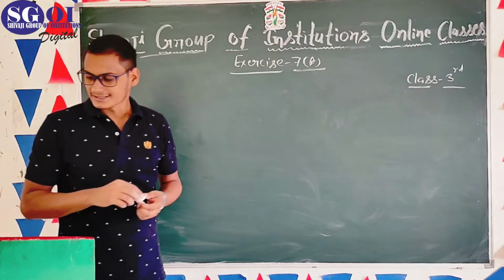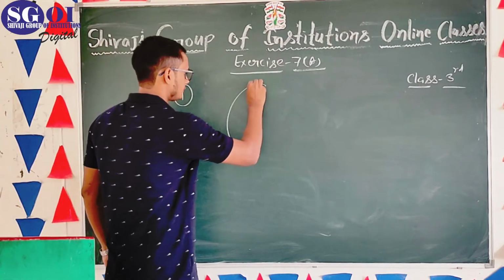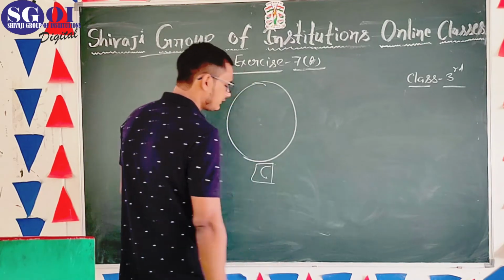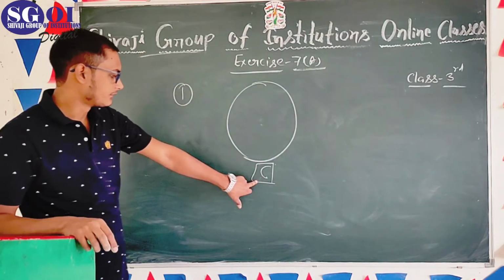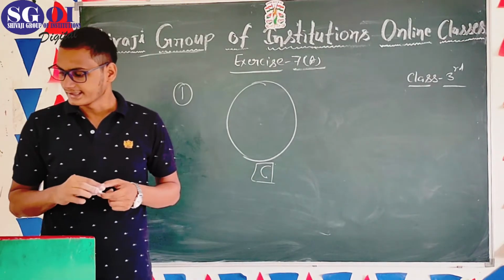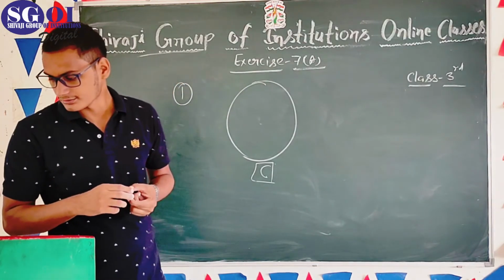So the first shape is a circle. So we fill C. Second is also a circle.